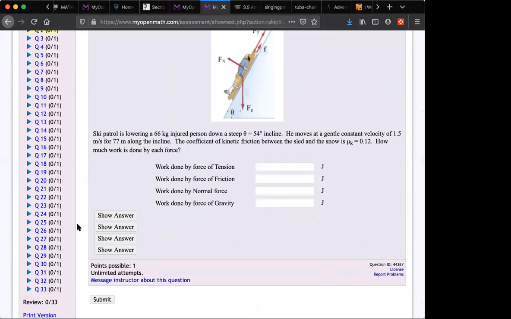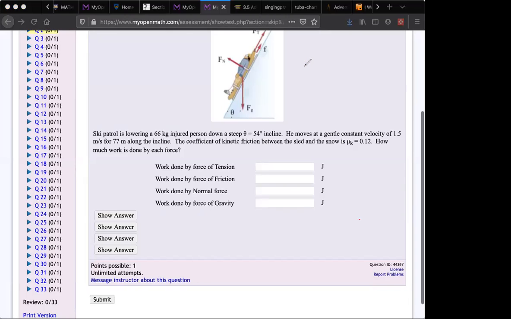You've got all these different things you have to answer, but remember that work is much simpler than it seems. So while there is some math to do here, it's not maybe as difficult as it might seem.